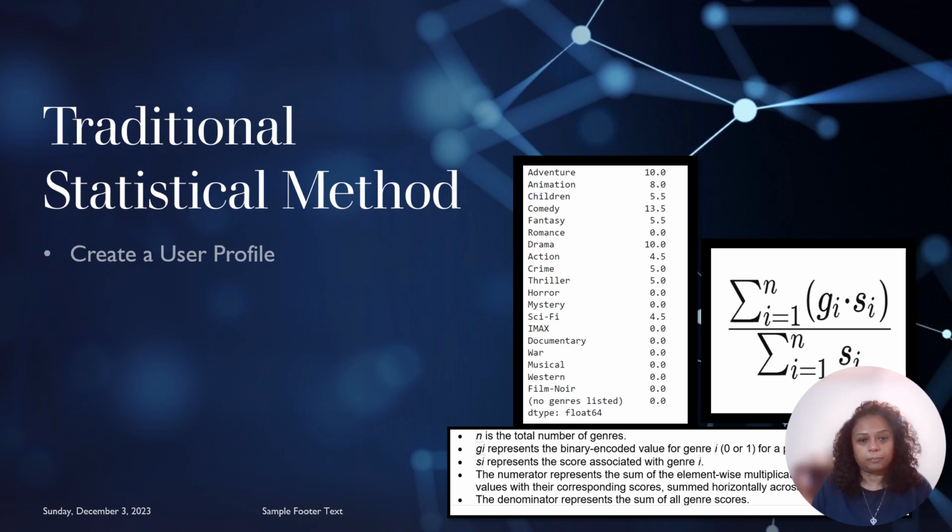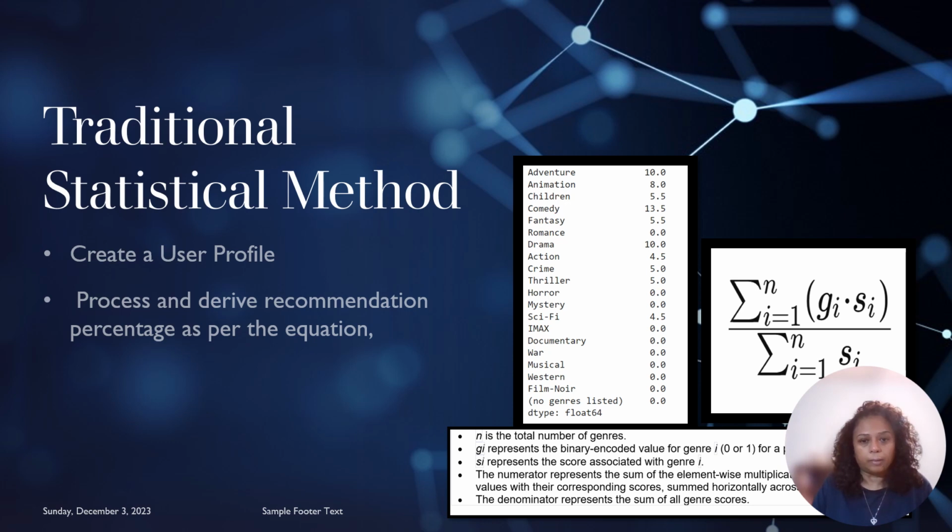The final step in the recommender is that we take the one-hot encoded genre for each movie and multiply the genre with the above score for each genre. We do that for all the movies and then we sum up horizontally. That is the sum of all the genres of that movie, and then we normalize it by dividing by the above score. So this table over here is the user profile for a particular user, and this is the equation that I just explained.